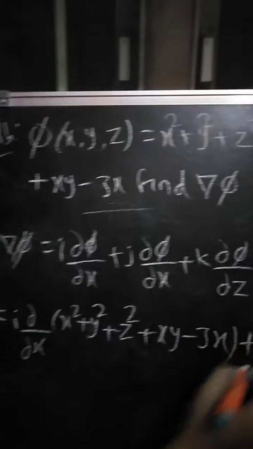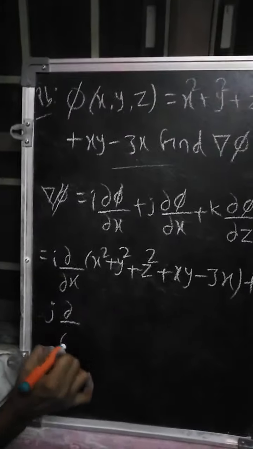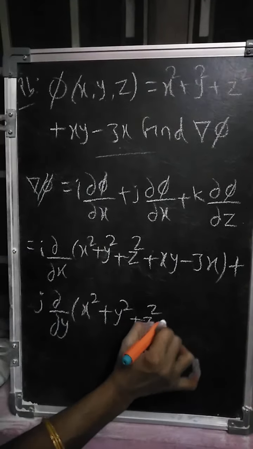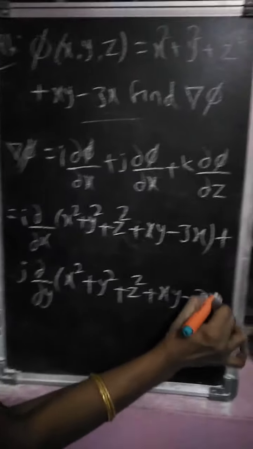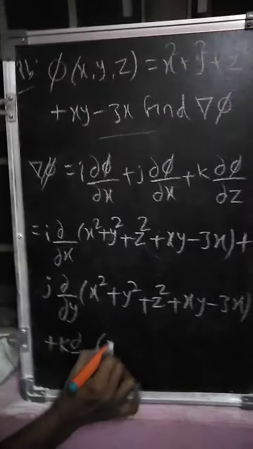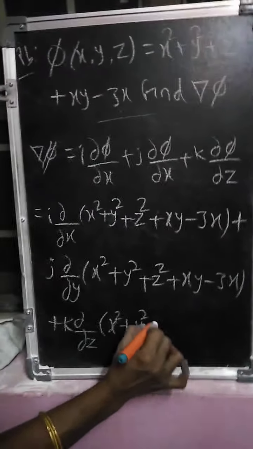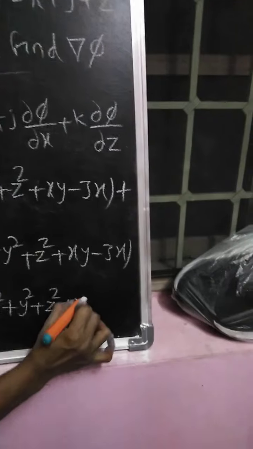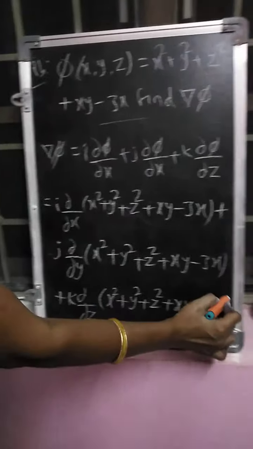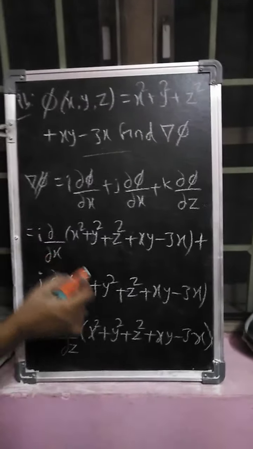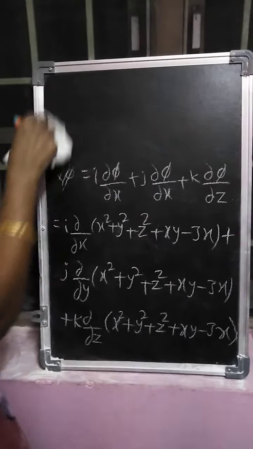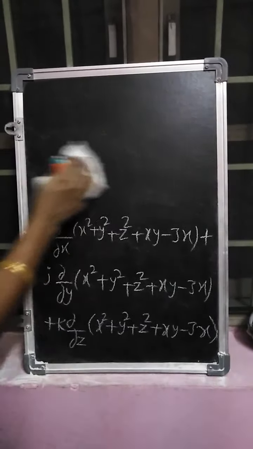So that is i dou by dou x of phi, plus j into dou by dou y of the same expression, plus k into dou by dou z of x square plus y square plus z square plus xy minus 3x. So next, differentiate with respect to x, with respect to y, with respect to z. Then we get the value of grad phi.